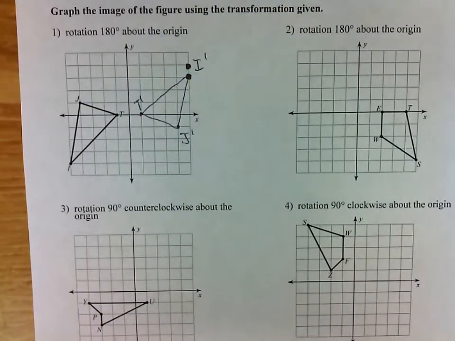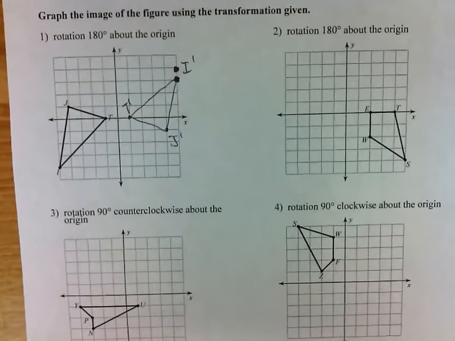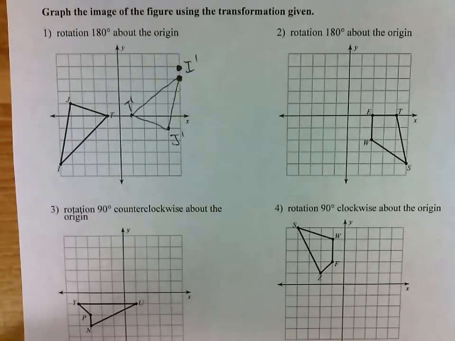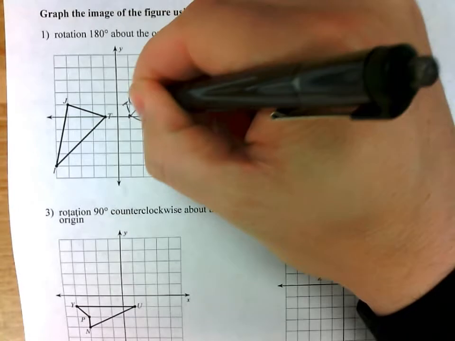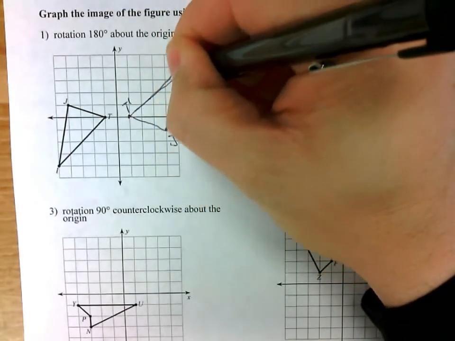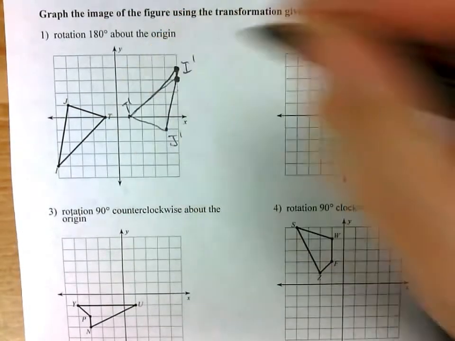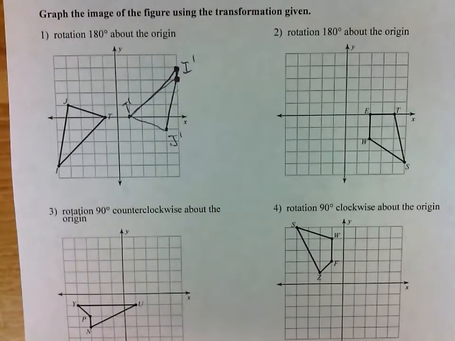Okay. And there's a 180 degree rotation. Now, if the rotation is 180 degrees, we don't have to say clockwise or counterclockwise. Okay? I drew that to the wrong place. Dang it. Sorry. Okay, that's better.